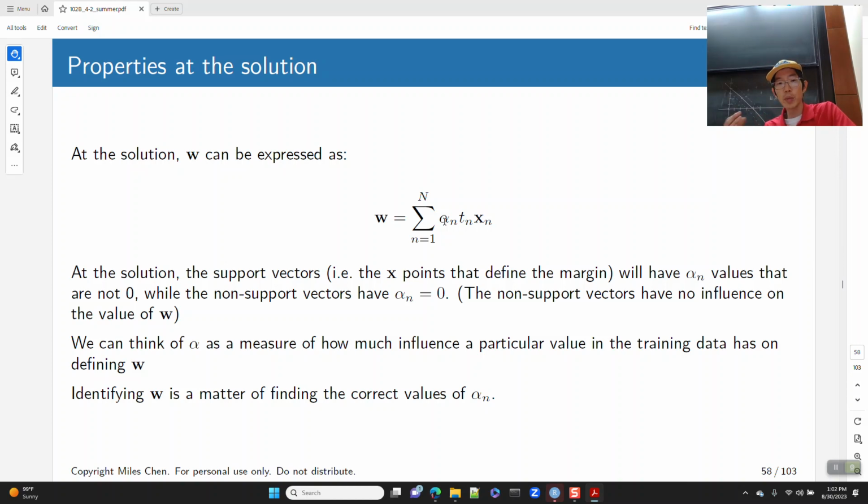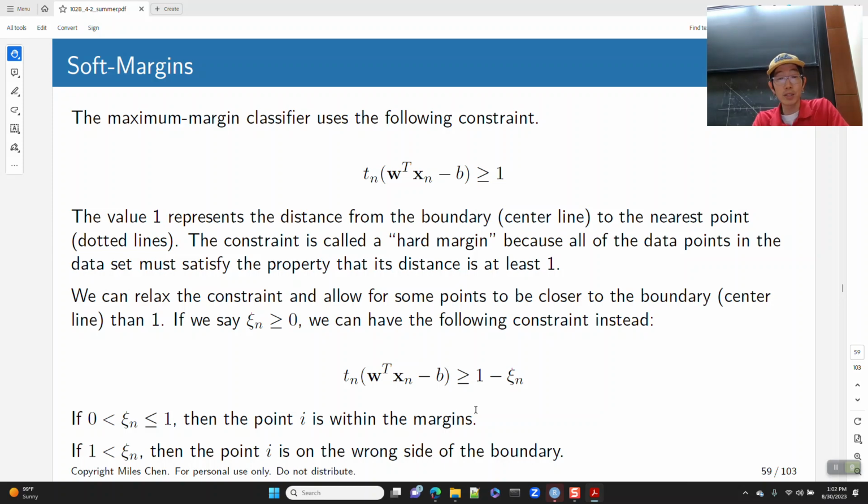Alpha will then be a measure of how much this one point influences that margin W. And identifying W is a matter of finding the correct values for alpha. And again, I guess it's done via quadratic programming.